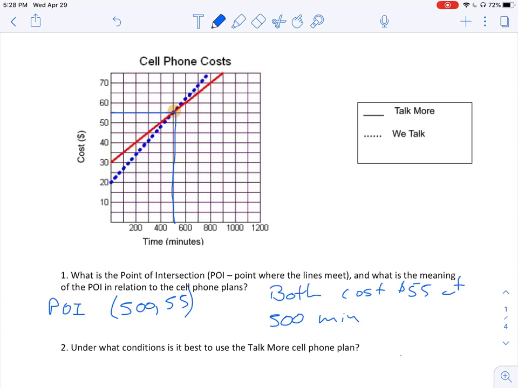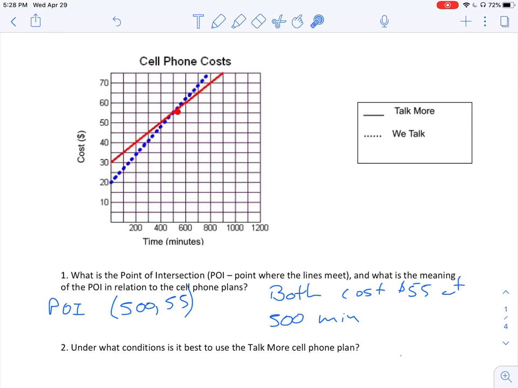Under what conditions is it best to use the Talkmore cell phone plan? So Talkmore cell phone plan is the red. The better conditions would be when it's cheaper. So when is the red line below the blue line in terms of cost?